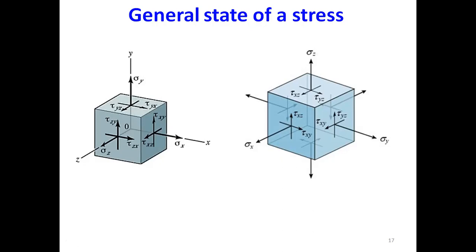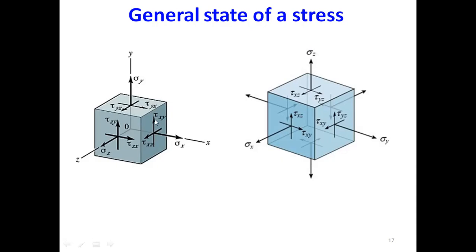You could see the orientation of the coordinate frame: this is the x-axis, this is the y-axis, this is the z-axis. Here is sigma x along the x-axis, here is sigma y along the y-axis, and here is sigma z along the z-axis.